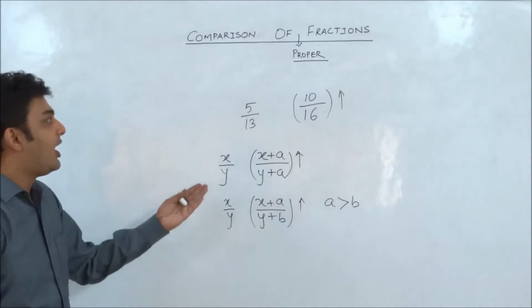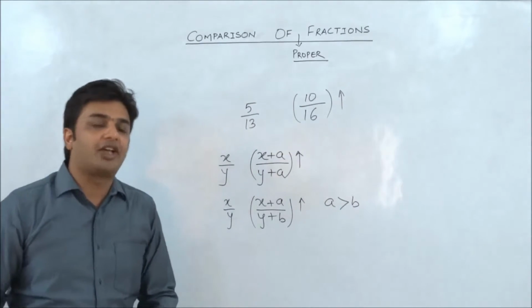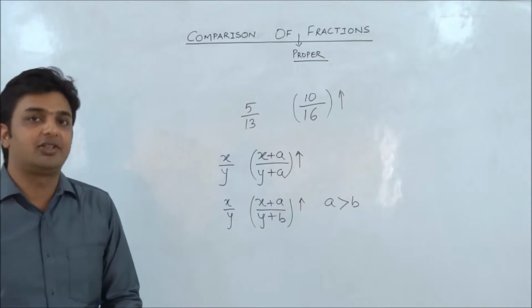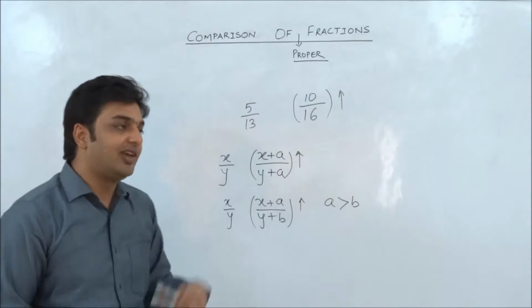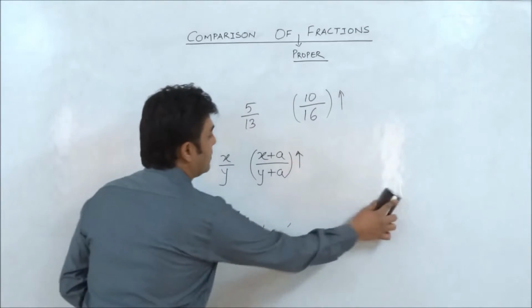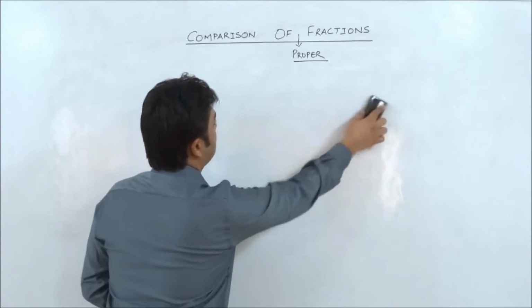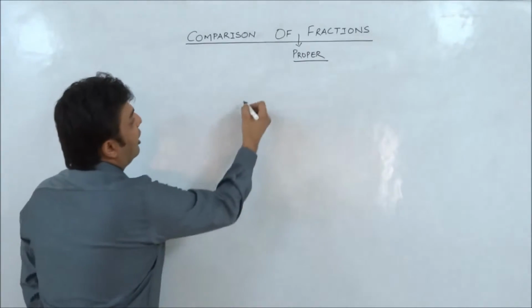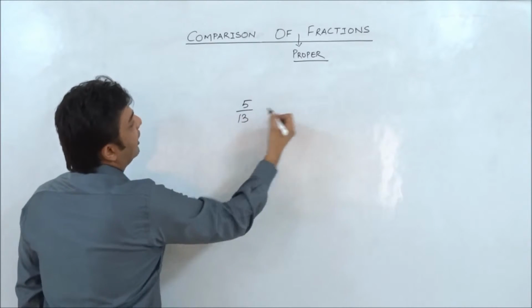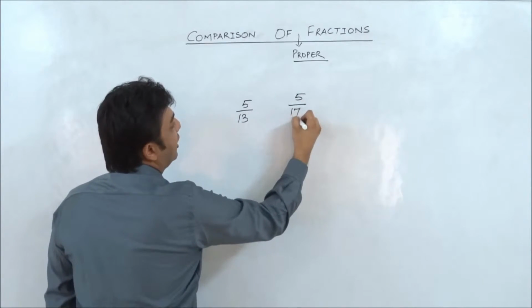Okay, now again, while comparing fractions, we need to look at certain things which I term common sense. Let's look at it. 5 by 13 and 5 by 17, which is greater?